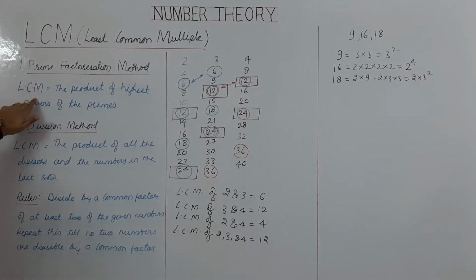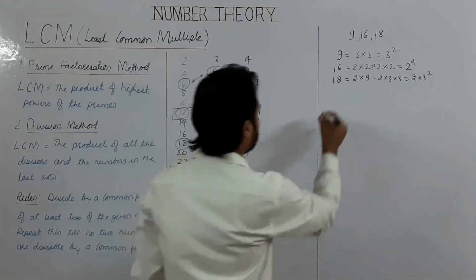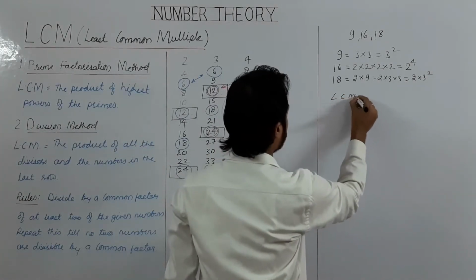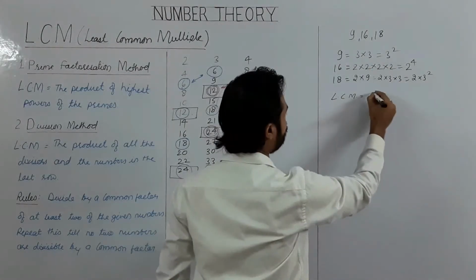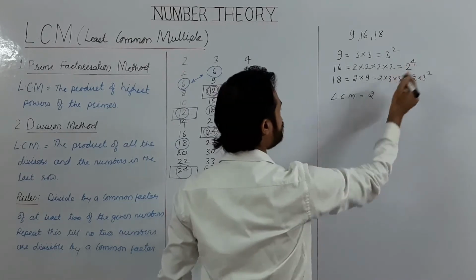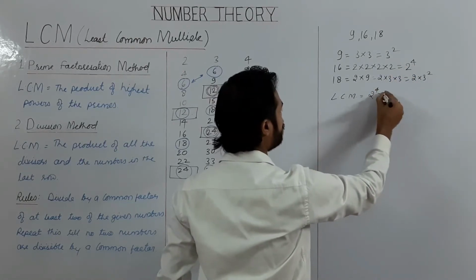Now LCM means the product of highest powers of the primes. First number is 2, highest power of 2 is 4.